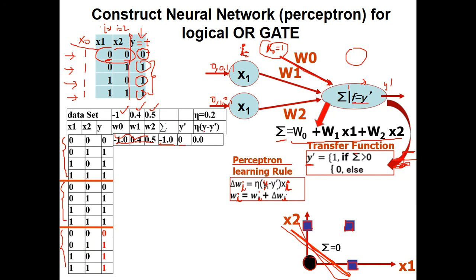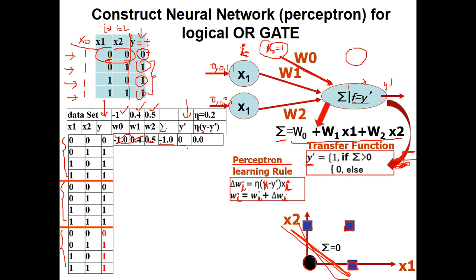Fine. Now you compute this quantity, y minus y dash. So y dash will come from this column, y will come from this column. So both are 0, 0. So y minus y dash is 0. So the change in weight, eta times y minus y dash times xi, this whole quantity will become 0.